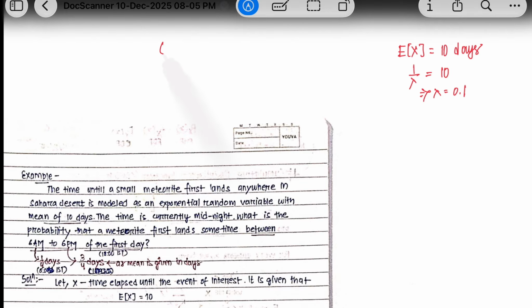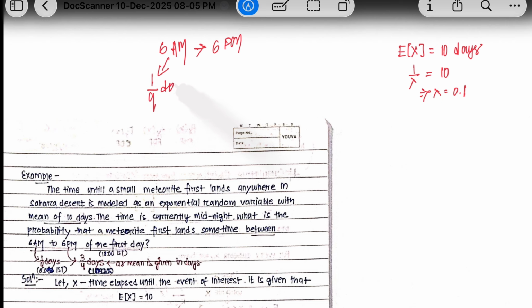And here you need to find the probability that the meteorite falls between 6 a.m. to 6 p.m. So we need to find those two things in days per month.